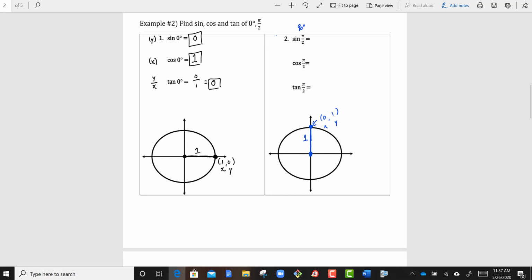Sine is equivalent to the y-coordinate, so the sine of pi over 2 is 1. Cosine is the x variable, so it's going to be 0. And tangent is y over x. You can't divide anything by 0, so the tangent at pi over 2, our answer is undefined.